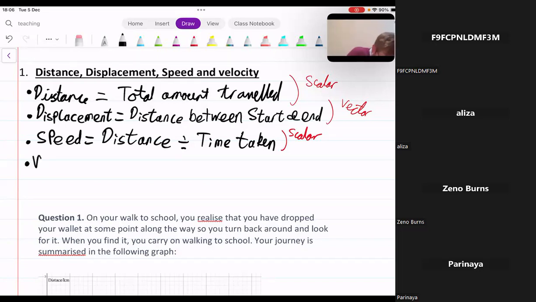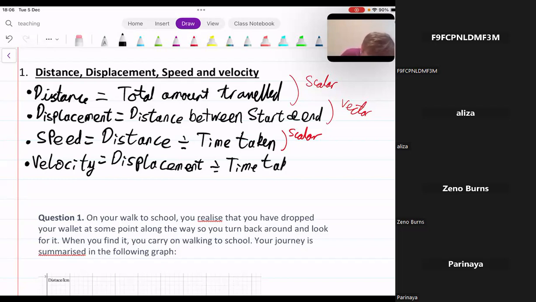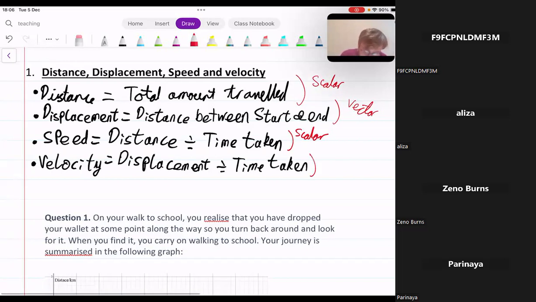And then finally, velocity. This is equal to displacement divided by the time taken. Because displacement is a vector, velocity is also a vector.